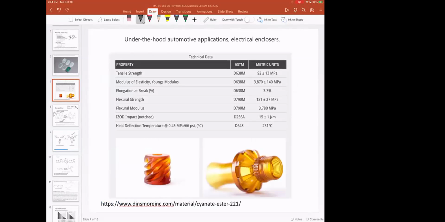And you see some properties here. So this specific material is sold by Dinsmore, and they sell it in Carbon printers. And so this gives you an idea of what's needed for under the hood automotive applications, electrical enclosures, sort of high-end mechanical properties and thermal properties.